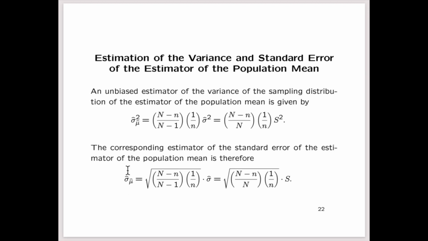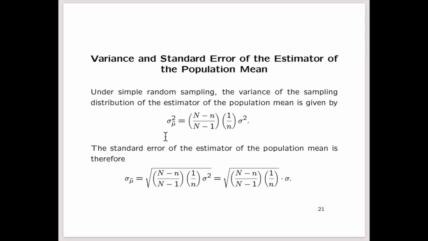So this is the estimated standard error of mu hat, and that's equal to the square root of capital N minus little n over capital N minus 1 times 1 over little n times sigma hat outside of the square root sign. We could also have sigma hat squared inside the square root sign if we want. Expressed in terms of the sample standard deviation, we have this formula here. So sigma hat squared sub mu hat is an unbiased estimator of the true variance of the sampling distribution of mu hat.